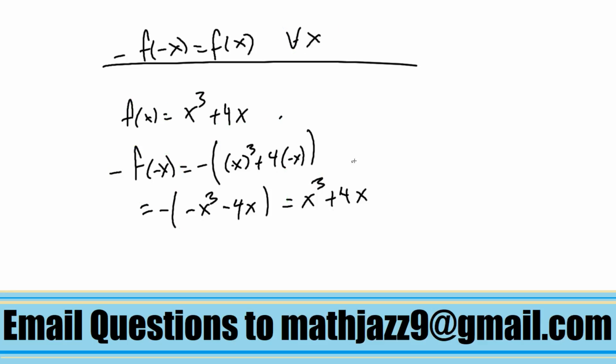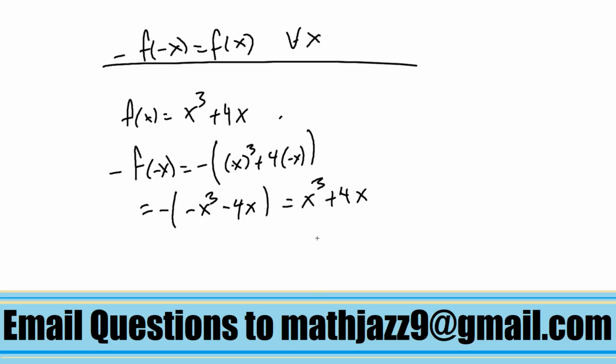Okay. So first of all, we've shown that there is at least one even function. We've shown that there's at least one odd function. But can a function be both even and odd? Or let's check this function. This odd function here, is it also an even function? So let's do that.